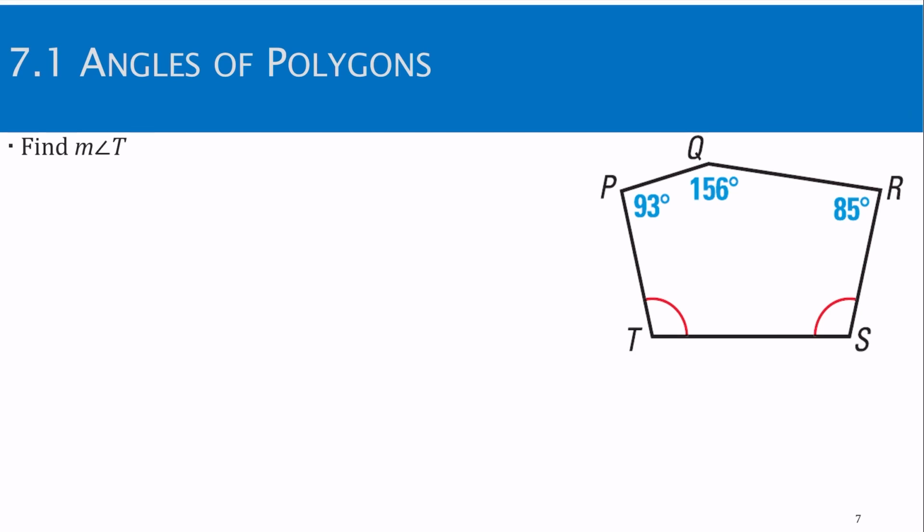Find the measure of angle T in this diagram. Well, we have a pentagon here, and it says T and S are the same angle. They're congruent because they each have the same number of arcs. So what I could do is find the sum and use the formula. So the sum is simply adding together all the angles. n is 5 because it's a pentagon, 5 sides.